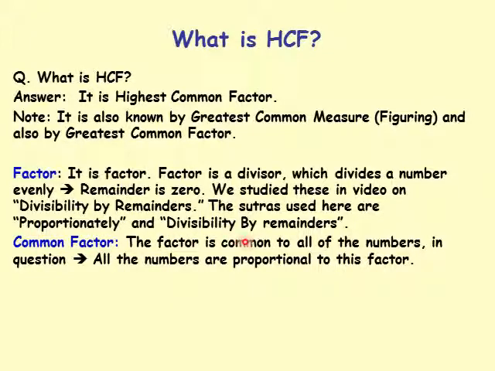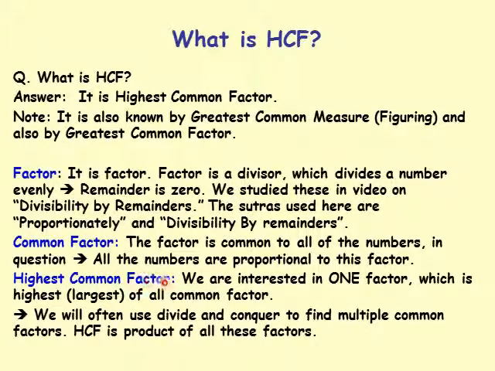Common factor: the factor is common to all the numbers in the question. That means all the numbers are proportional to that factor. And for the highest common factor, we are interested in the one factor which is highest, or largest, of all the common factors. We will often use divide and conquer to find multiple common factors, and HCF is the product of all these factors.